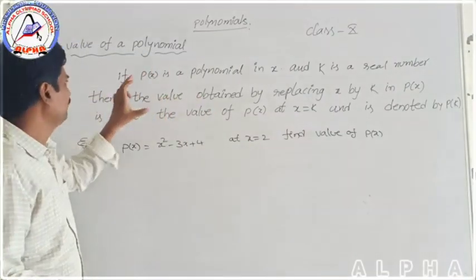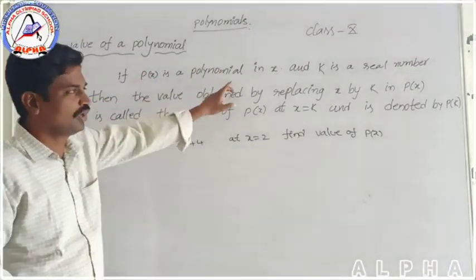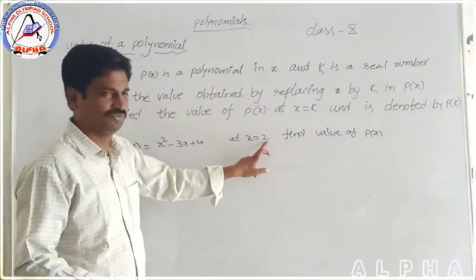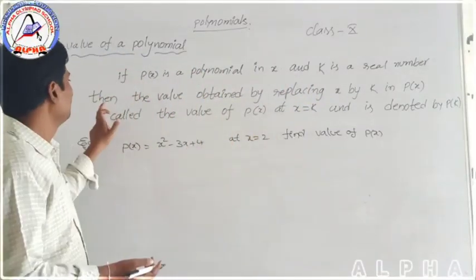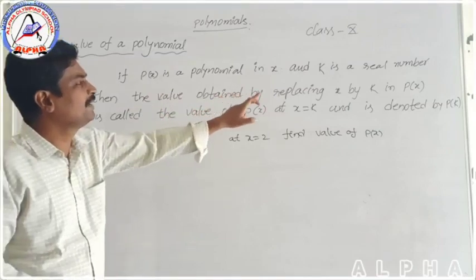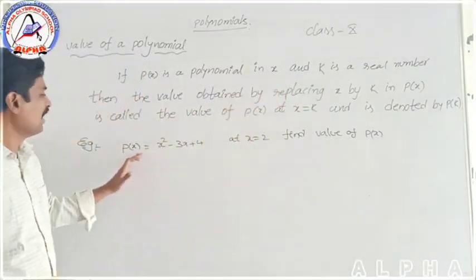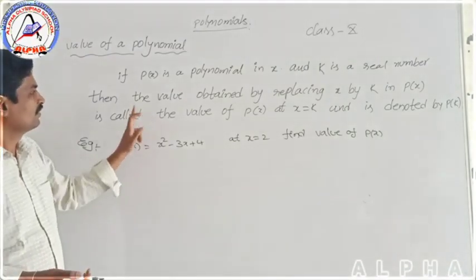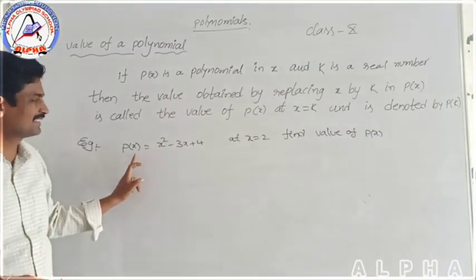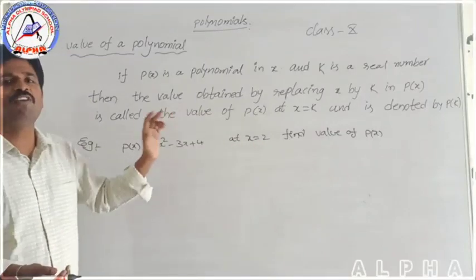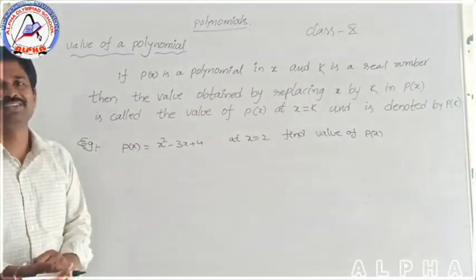By our definition, p of x is a polynomial in x and k is a real number. Here the real number is 2. Then the value obtained by replacing x by 2 is called the value of p of x at x is equal to 2.